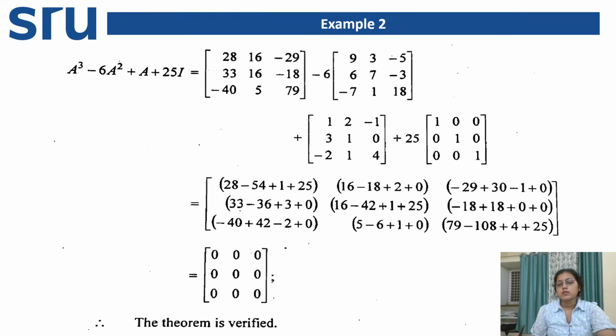So this is 6 into 9 is 54, plus 1, plus 25 multiplied with each entry here. So you get 25 here. In this manner you have to do the calculation in each entry. So you get the zero matrix here. So the theorem is verified now.